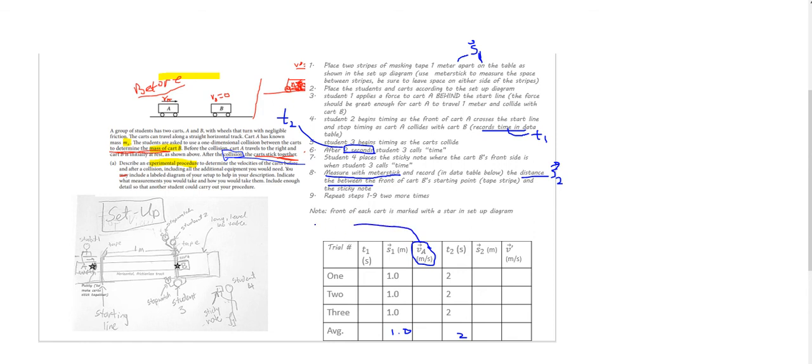For VA, I'm going to put VA equals displacement 1 over time 1. Okay, and for V prime of the 2 parts together, I'm going to put V prime equals displacement 2 over time 2.